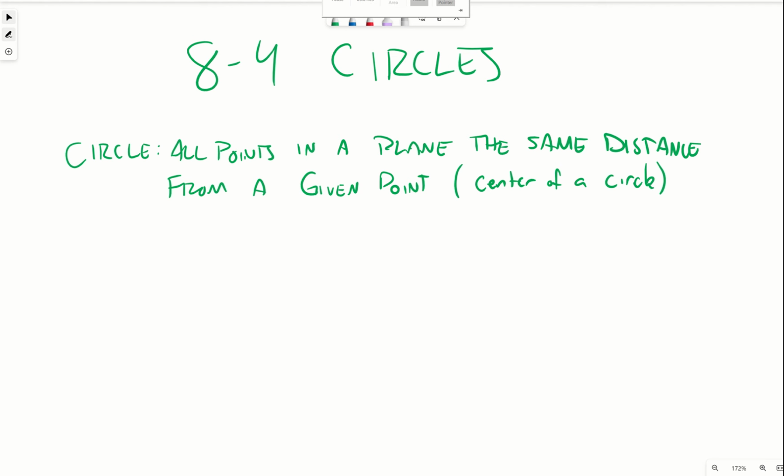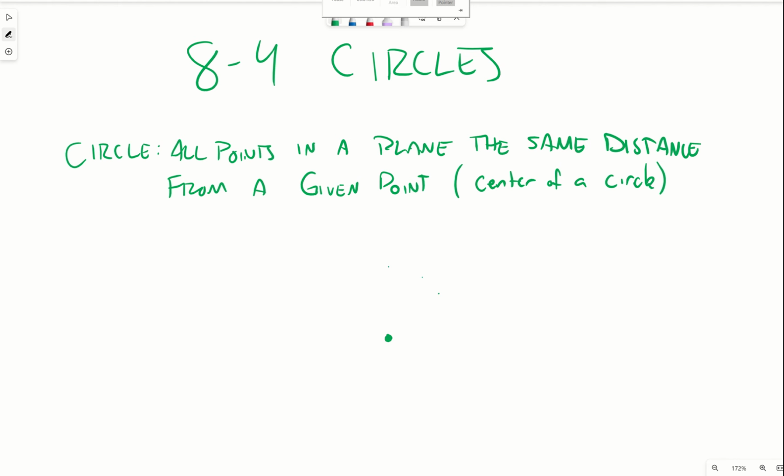All right, all the points in a plane that are the same distance away from a specific given point, that point is called the center of the circle. So what that means is if I have a point right here, this is my point. Let's say that distance was 2 inches.